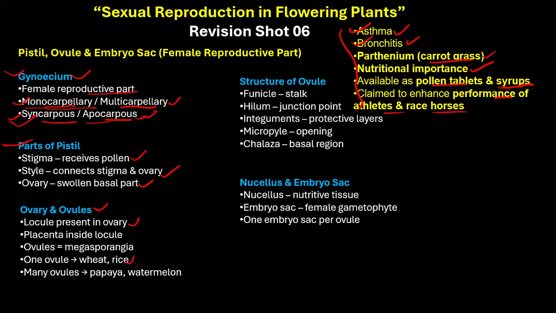Now, parts of the pistil: there is the stigma on which the pollen is received, then the style, which connects the stigma and the ovary, then the ovary is a swollen basal part. Then you have the ovary and ovules. When we talk about ovary and ovules, the ovule is attached to the placenta by a stalk which is called the funicle.